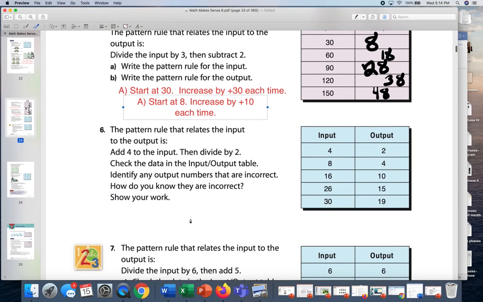Number 6, the pattern rule that relates the input to the output is add 4 to the input, and then divide by 2.